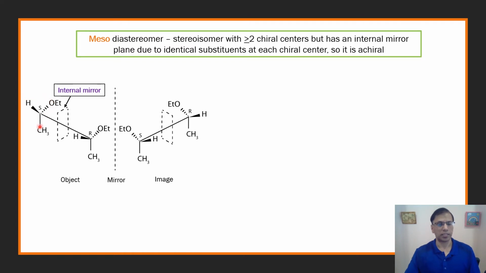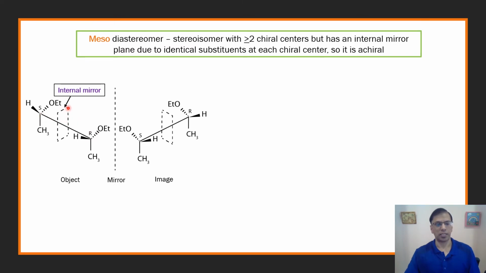So let's look at this example right here. Look at the carbon atom. This carbon atom has S configuration. Look at the three substituents: hydrogen, ethoxy group, and methyl. The substituents on this carbon atom are identical: hydrogen, ethoxy group, and methyl. So the substituents on the two chiral carbon atoms are identical.